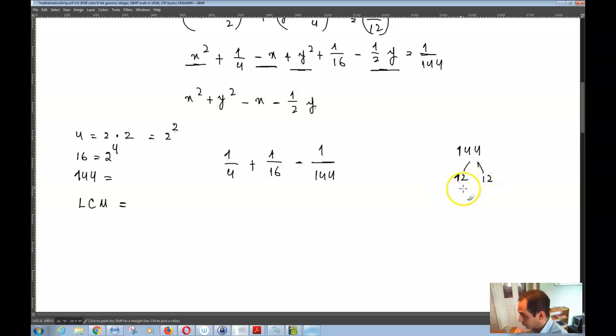And 12 is 3 times 4, so this is the same thing as 3 squared times 4 squared.